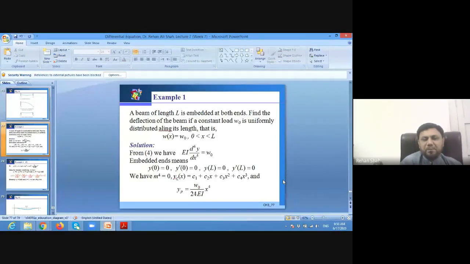So if you put these values, what is yp in this case? yp will be A if you are solving it by the undetermined coefficient method.